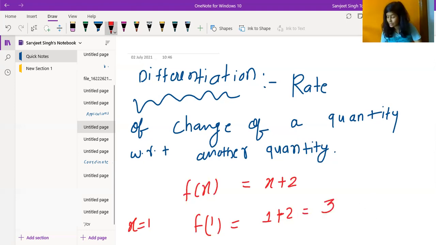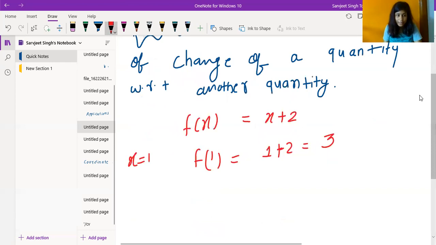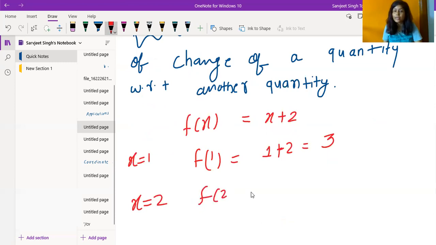Let us take another example, x equals 2. Then you will get 2 plus 2, which equals 4. So what you are seeing here is that as x is varying, the function is also varying.